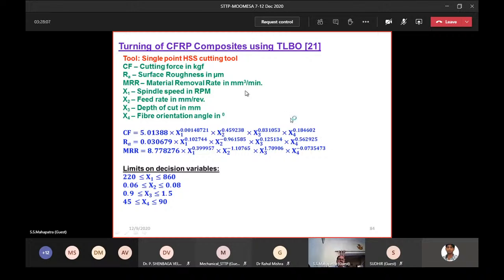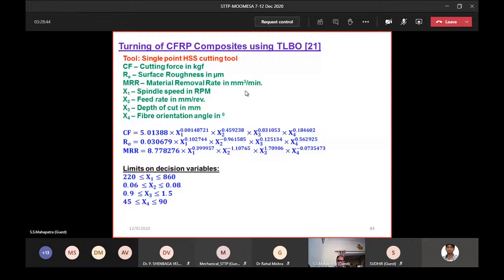CF is the cutting force, RA is the surface roughness, MRA is the material removal rate, and the parameters used are the spindle speed, feed rate, depth of cut, and the fiber orientation in the carbon fiber reinforced plastics. And the equations have been developed. All these are multiplicative or power equations for all the outputs.